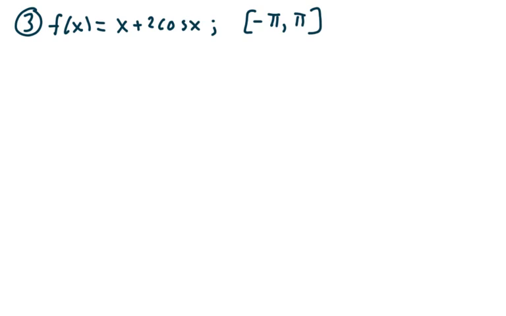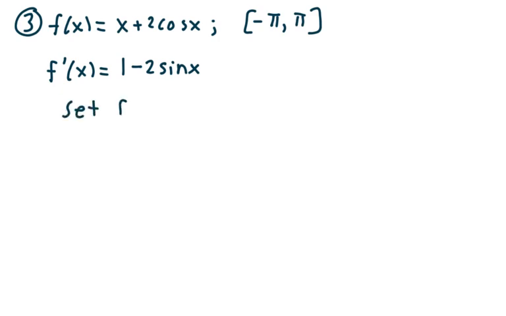So on problem 3, we have f of x equals x plus 2 cosine x, and the interval is negative pi to pi. So trigonometry is very fair game. I'm going to take the derivative of f and get 1 minus 2 sine x, right?